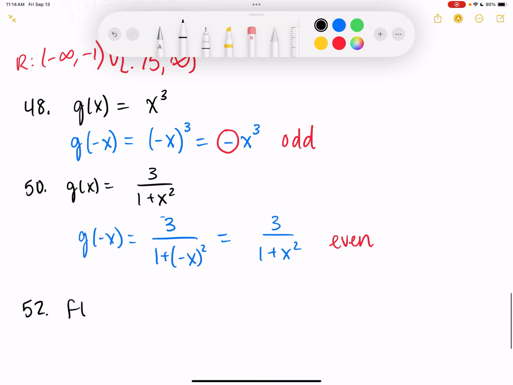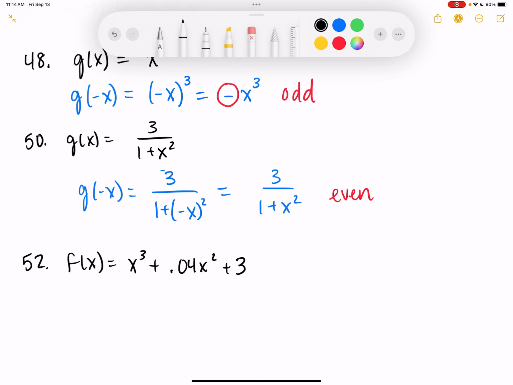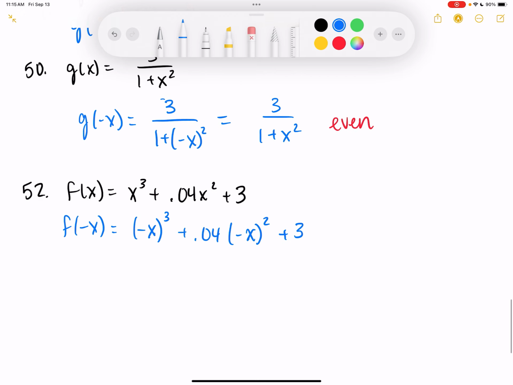52, f of x equals x cubed plus 0.04 x squared plus 3. So plug in negative x, f of negative x equals negative x cubed plus 0.04 times negative x squared plus 3. What happens when I cube negative x?